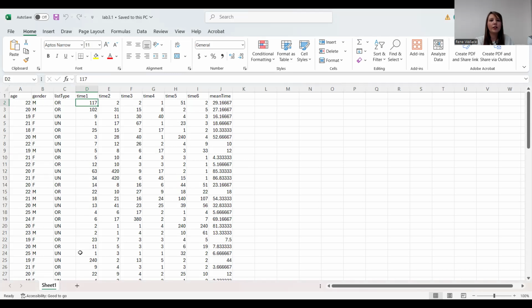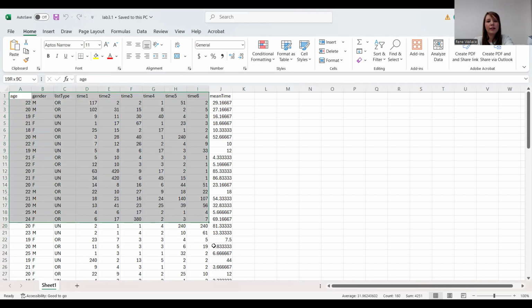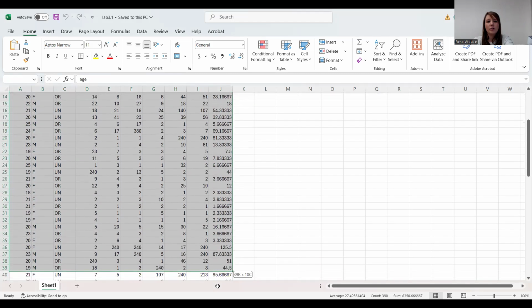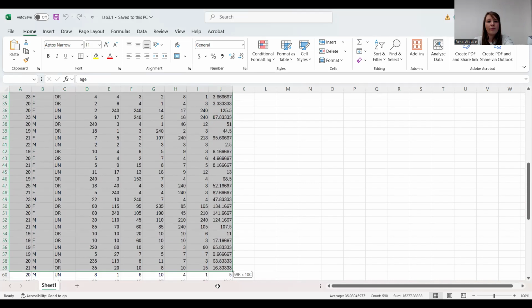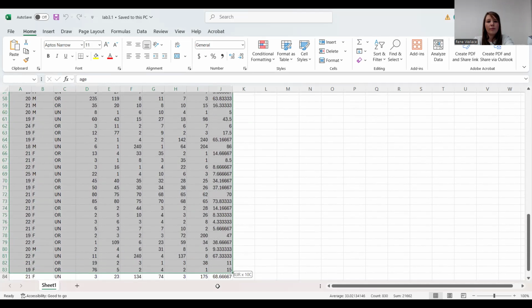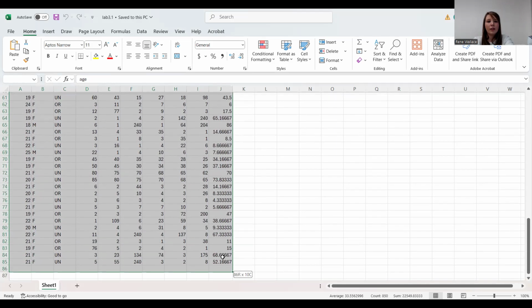So what we're first going to do in Excel is a little bit of data organization. I need all of my organized and unrelated rows together. So I need them organized first and then unrelated. So what I'm going to do for that is highlight my entire data set. Okay.